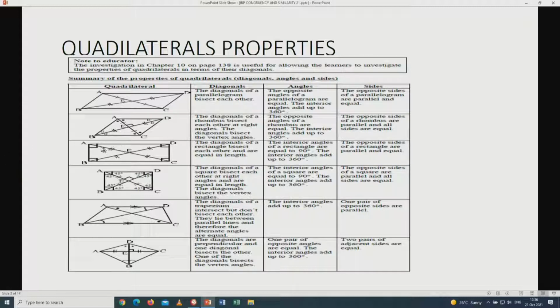Let's look at this one. AED. Let's compare AED and DEC. Let's start. AED, this side is equal to this side.